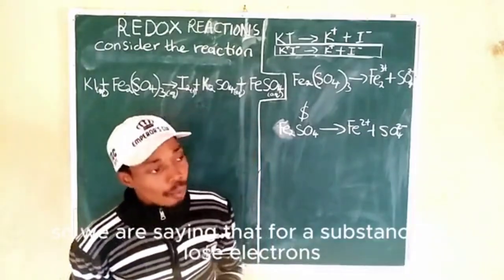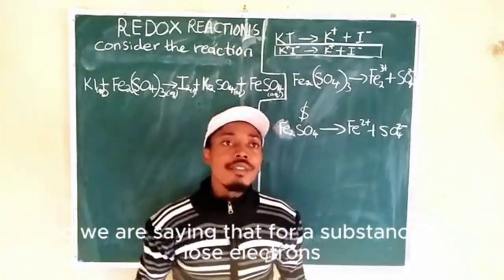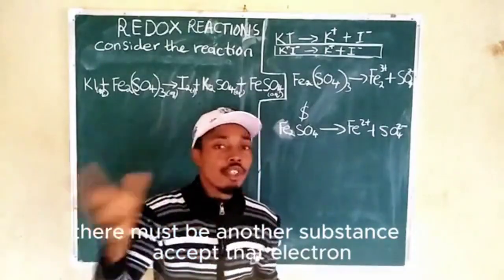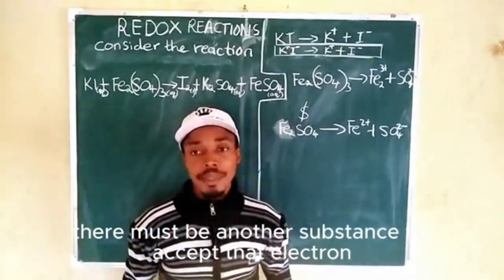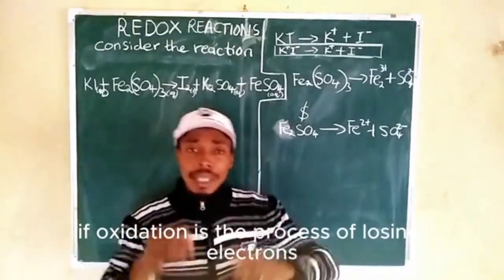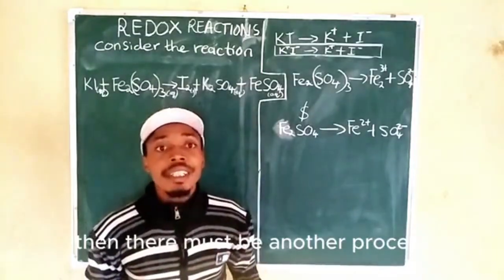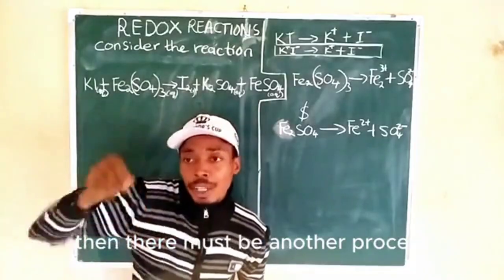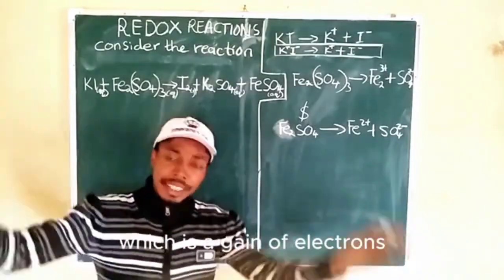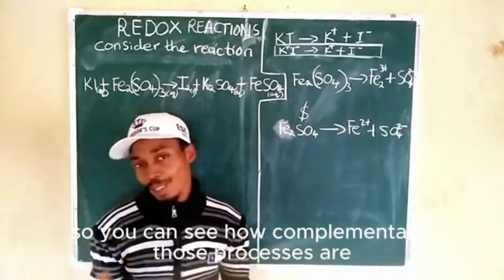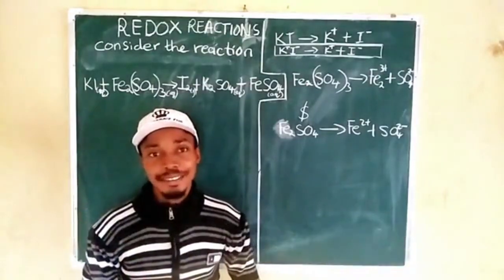So, for a substance to lose electrons, there must be another substance to accept those electrons. If oxidation is the process of losing electrons, then there must be another process which is a gain of electrons, and that other process is reduction. So you can see how complementary those processes are.